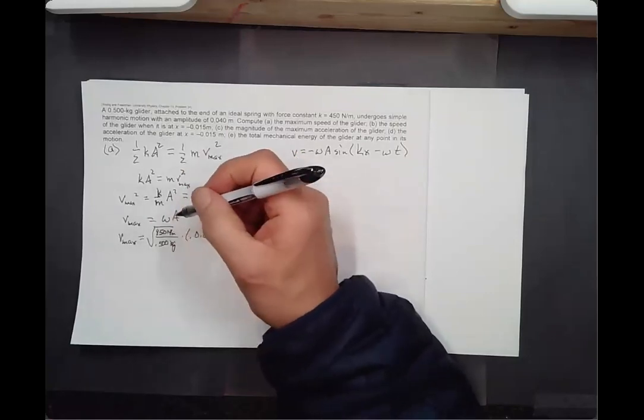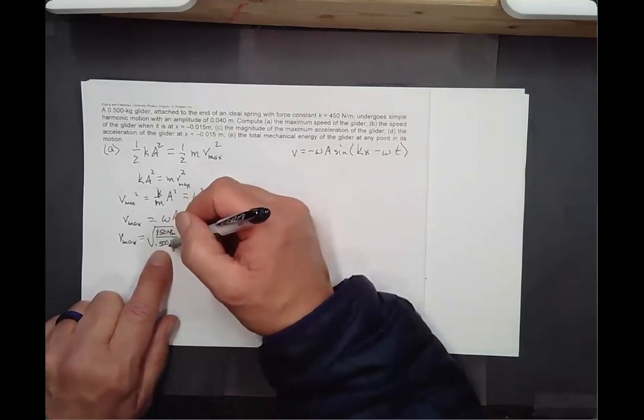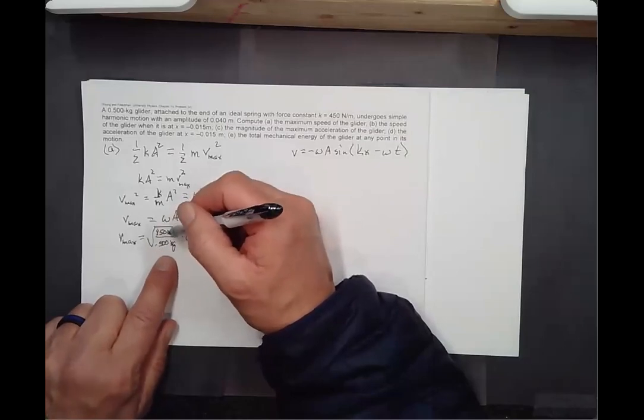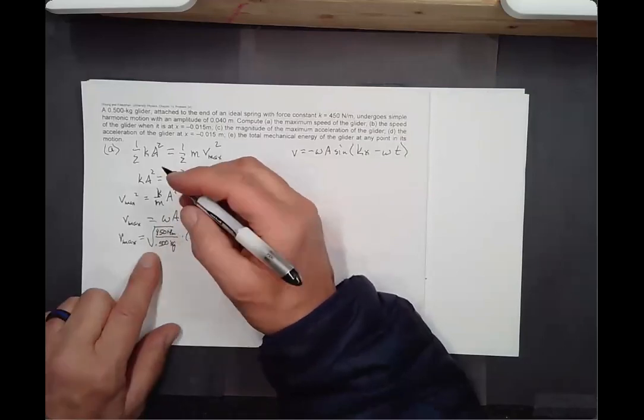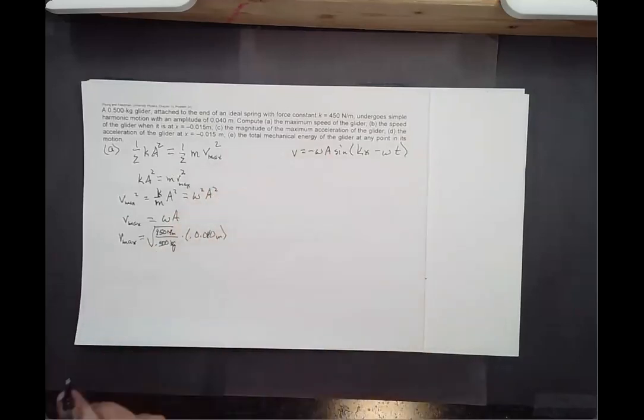So that'll work out nicely. And anyway, 450 divided by 0.5 is 450 times 2, which is 900. Square root of that's 30. So you'd have 30 times 0.04 meters, except let's use a calculator because I don't trust myself, but I'm pretty sure that's right.